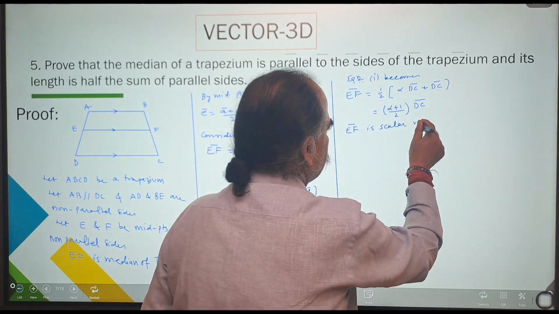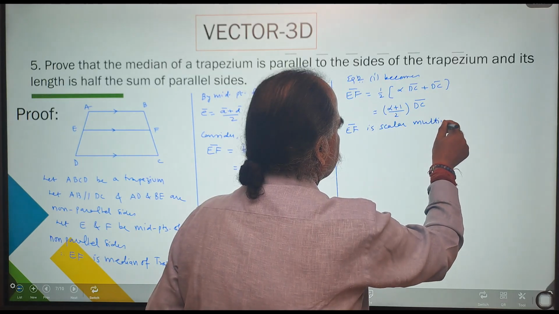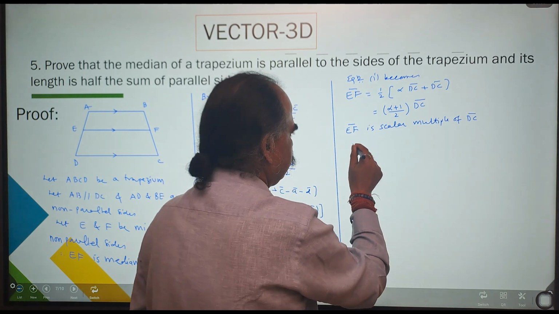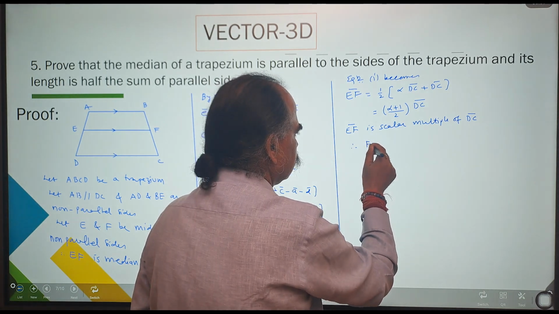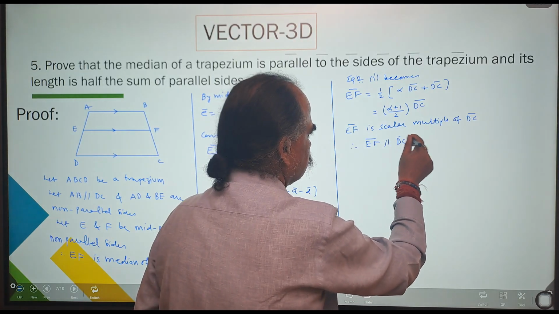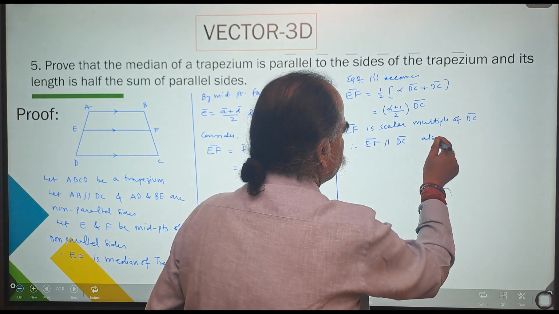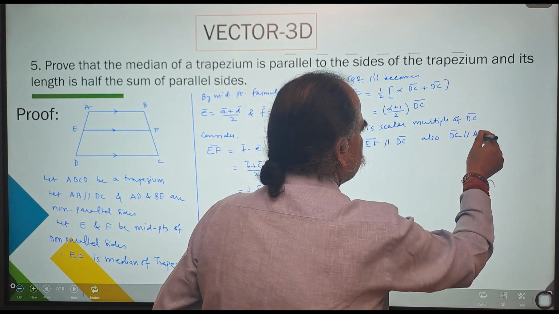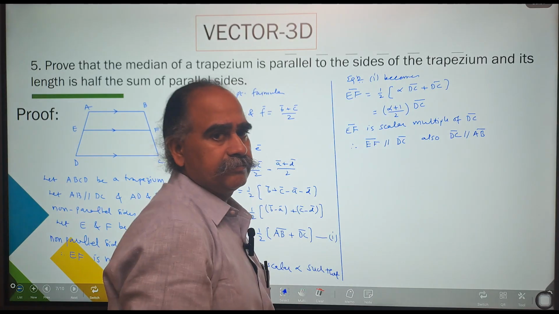So EF bar is what? A scalar multiple of DC bar, so EF bar is parallel to DC bar. Also DC bar is parallel to AB bar.